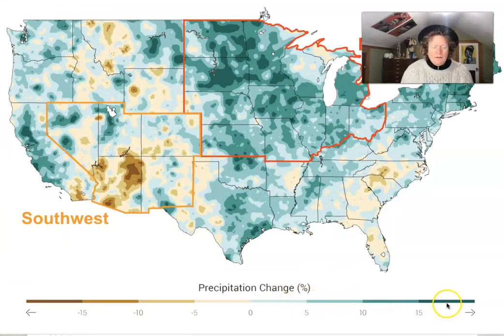The dark green means it's 15% or more of rain extra every year. The Southwest is going brown, which means it's a negative trend. It's 5 or 10 or 15 or 20% less rainfall over a year. So the Southwest is experiencing a drought, and the Midwest is experiencing a very wet period.